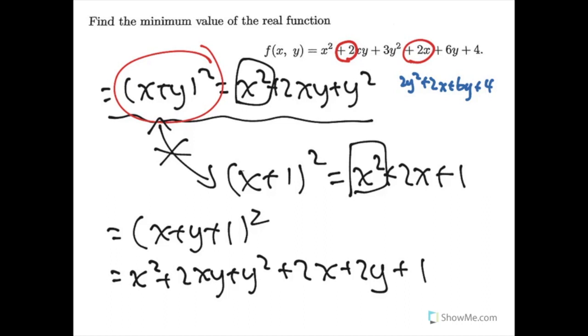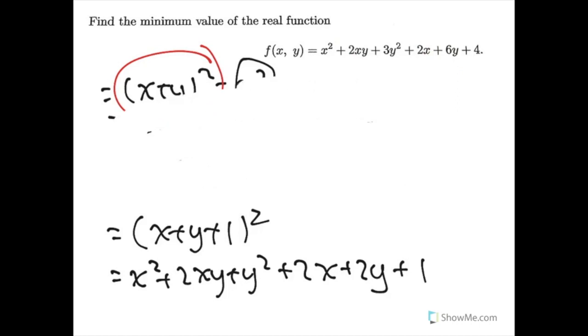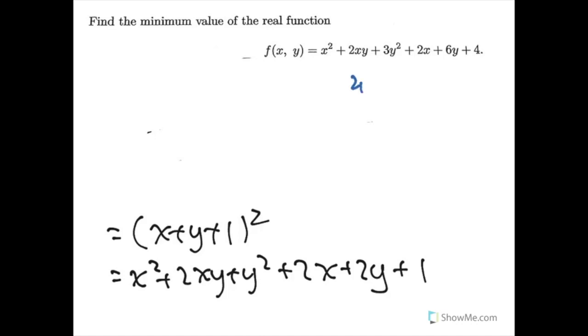You can expand this out and double check that this is indeed the case. And let's see if this will work. So I'll erase everything else, but leave the (x plus y plus 1) all squared. So what do we have left? Let's take note. We have 2y squared plus 4y and plus 3.